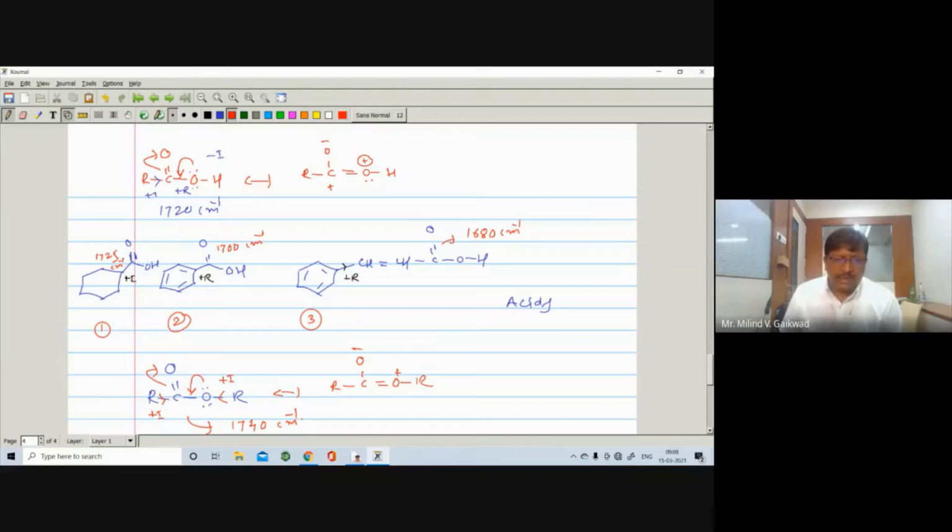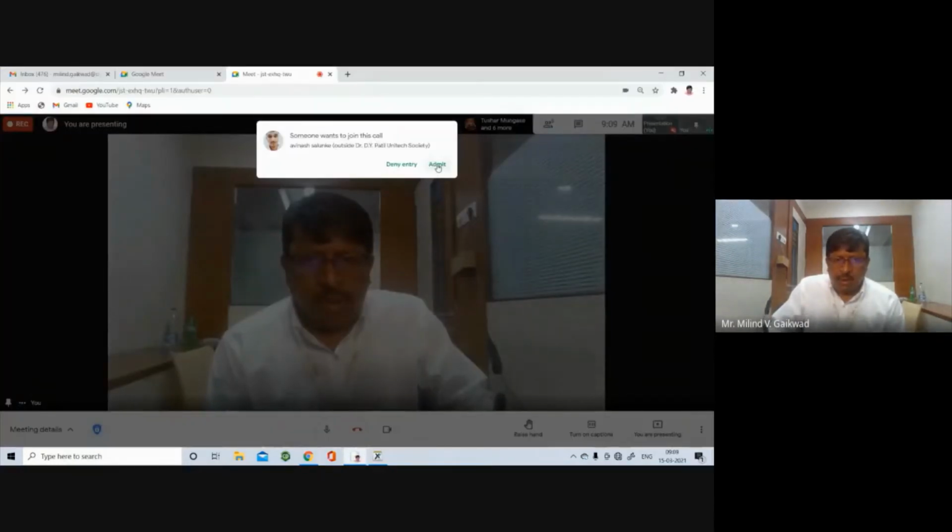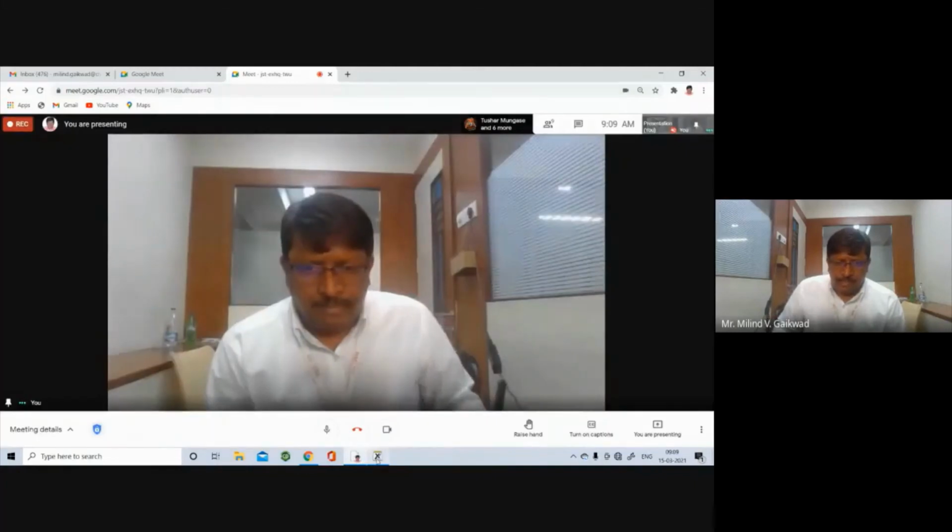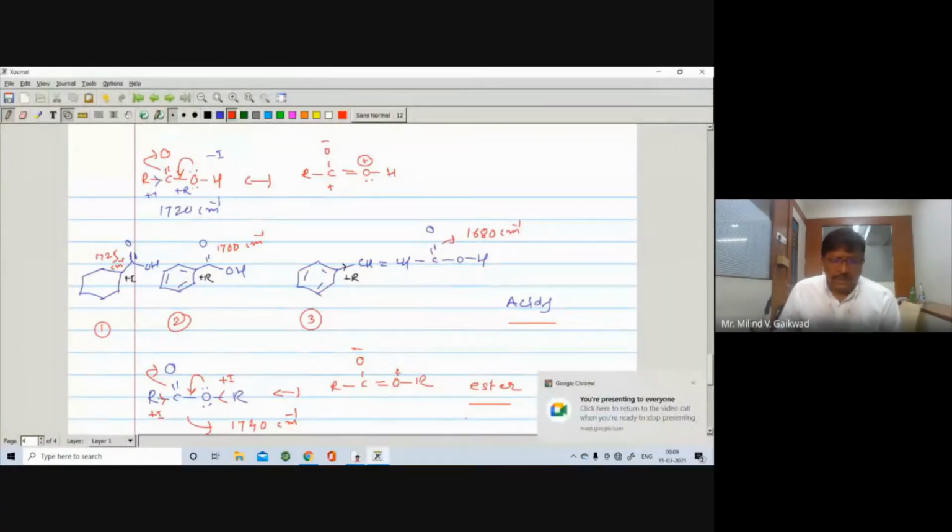If you compare the ester, the esters will appear at higher frequency than that of the acids. Okay, so this is about the vibrational frequency of ester.